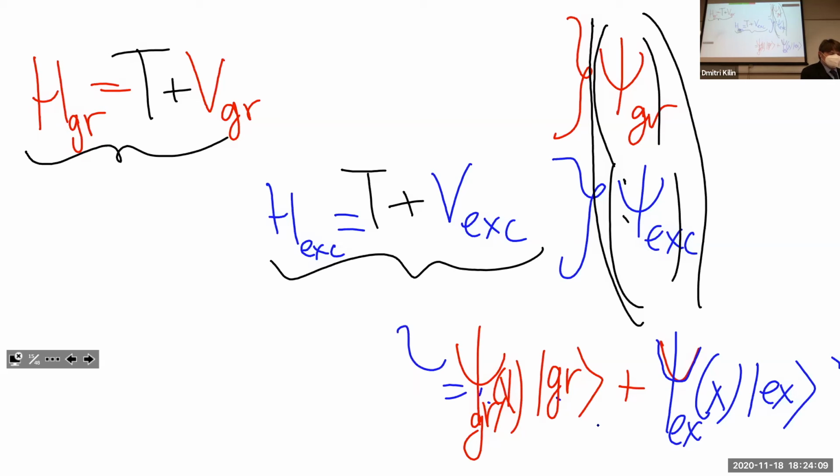So it will be of double dimension, twice as many elements.